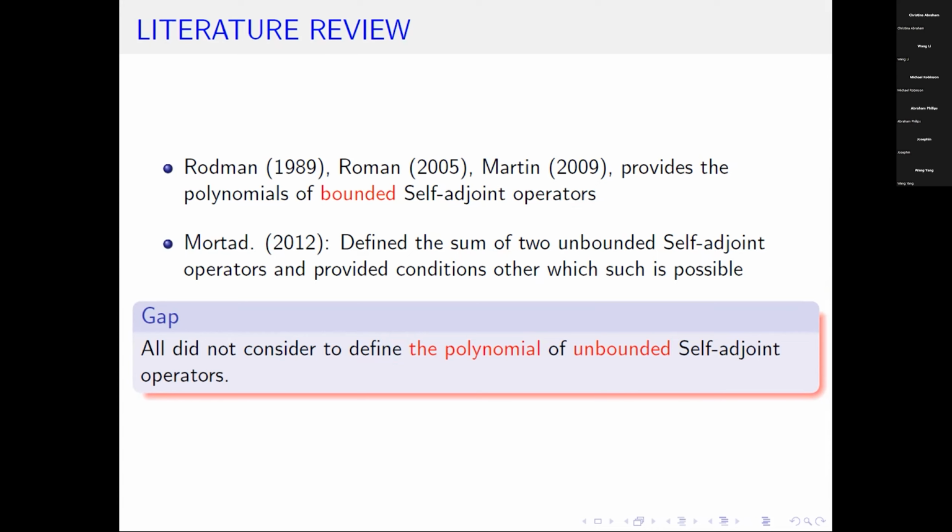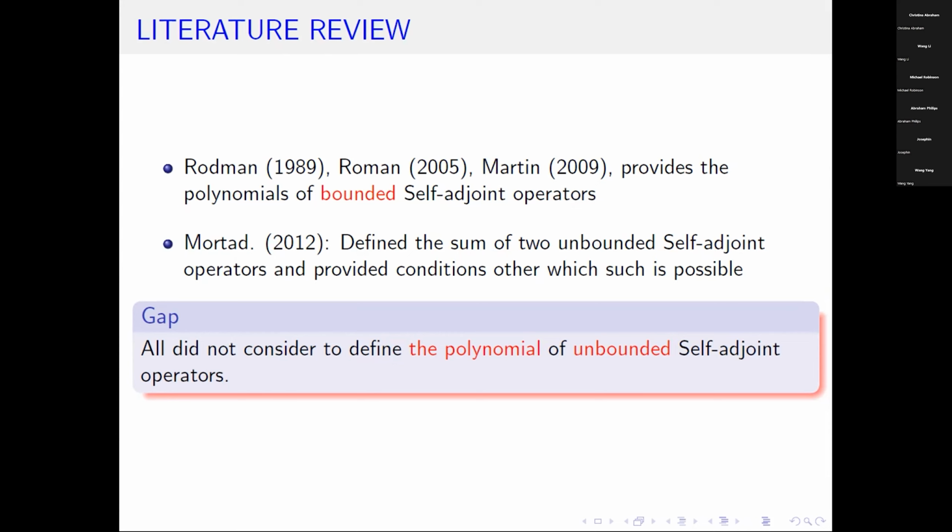But this researcher, Motard, came up with a result that, based on some conditions, the sum of unbounded self-adjoint operators can be self-adjoint. But of course, his case was somehow broader. He did it for unbounded normal operators, which is a bigger class than self-adjoint operators.